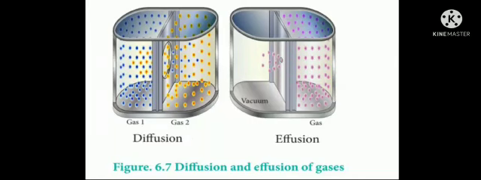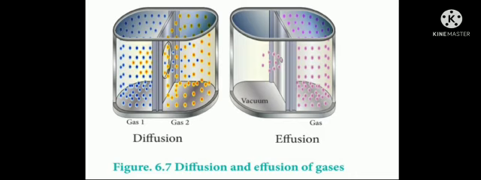Whenever two non-reactive gases are mixed, the gas molecules move from a region of higher concentration to a region of lower concentration. The movement through another gas is called diffusion. It is shown in the first picture. Here, non-reactive gases means they do not react but they will mix.